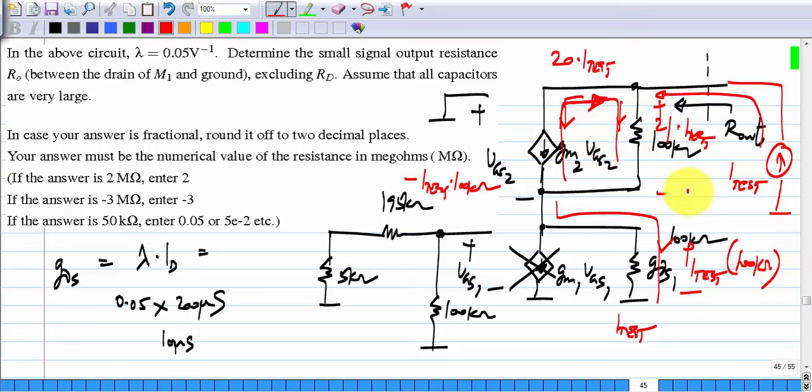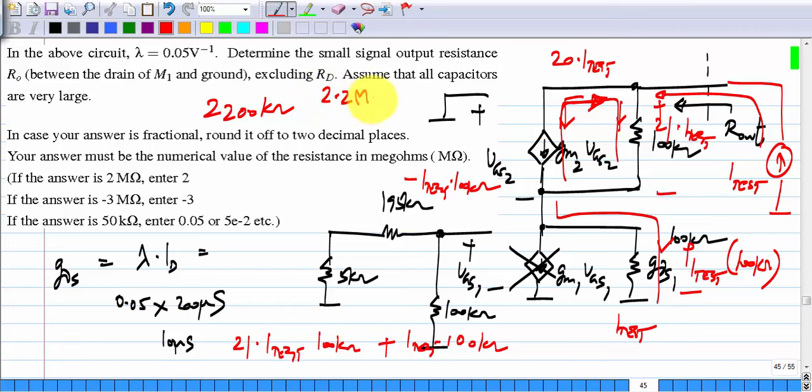So the total voltage across this is 21 times I test times 100 kilo ohms plus I test times 100 kilo ohms. So the resistance comes out to be 2200 kilo ohms or 2.2 mega ohms. So that concludes the problems in the 5th assignment.